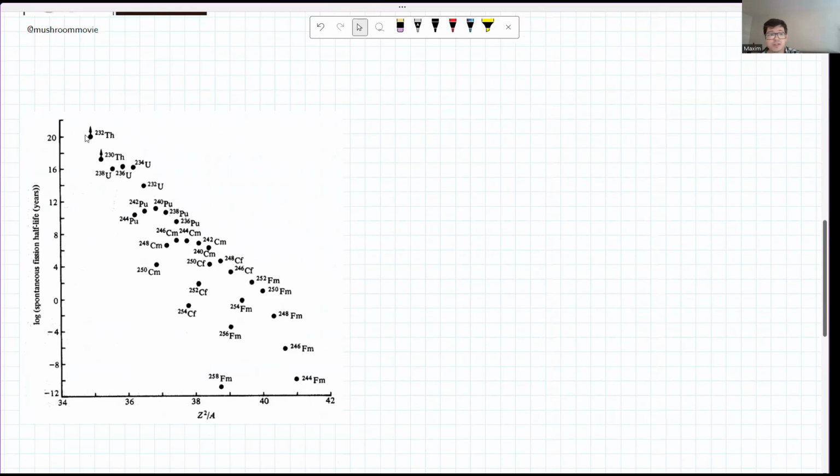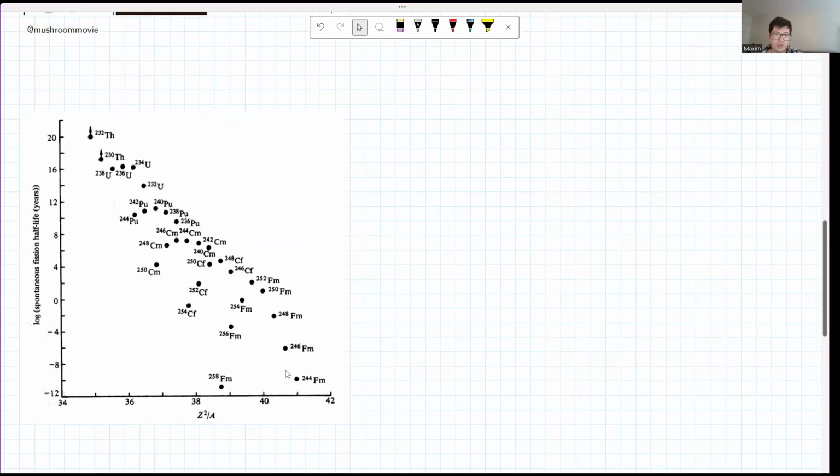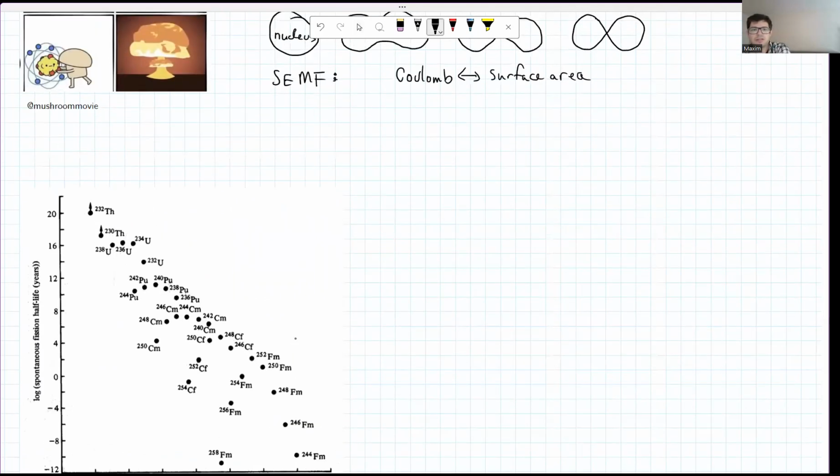And we can actually calculate why it depends on Z squared over A by using the liquid droplet model. So that's pretty cool. Let's try to do that. The liquid droplet model assumes a sphere with some radius, and a deformation of it would correspond to an angular dependence for the radius.